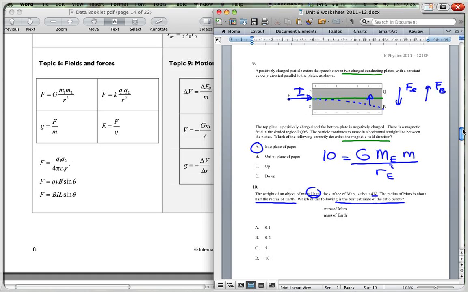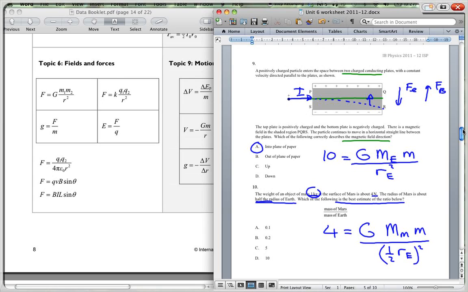Now on Mars, it's 4, so 4 is equal to G, now we've got the mass of Mars, the mass of the object is the same, and we see here that the radius of Mars is about half the radius of the Earth, so about half the radius of the Earth all squared.